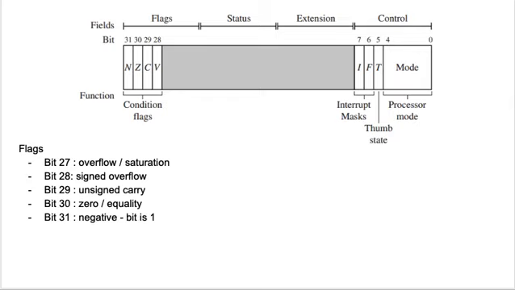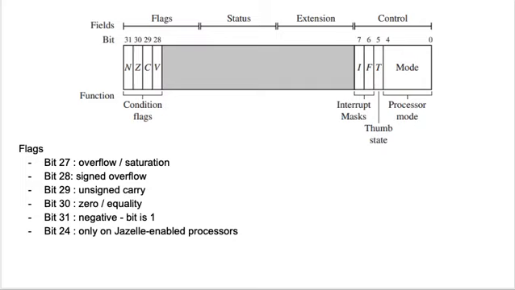Bit 30 is the zero or equality flag. When any two values are compared, the comparison result is stored as 0 in bit 30 if they are equal. And bit 31 signifies the negativity of the value. If the bit is set to 1, it is a negative value.